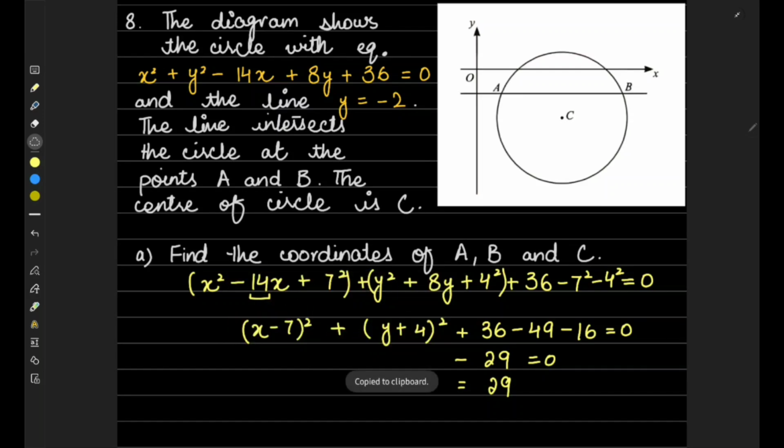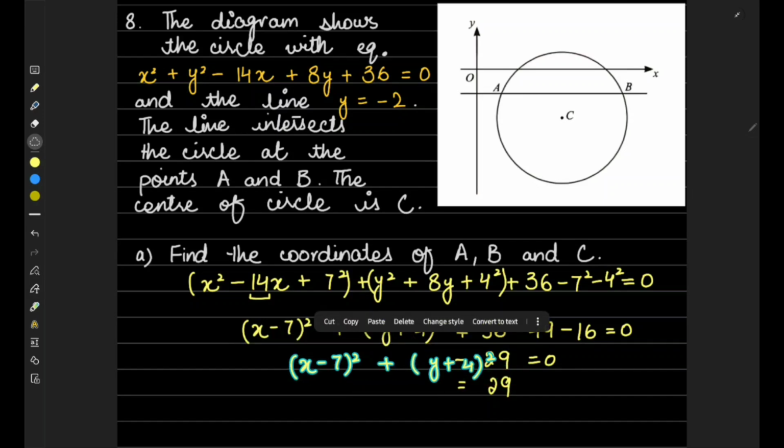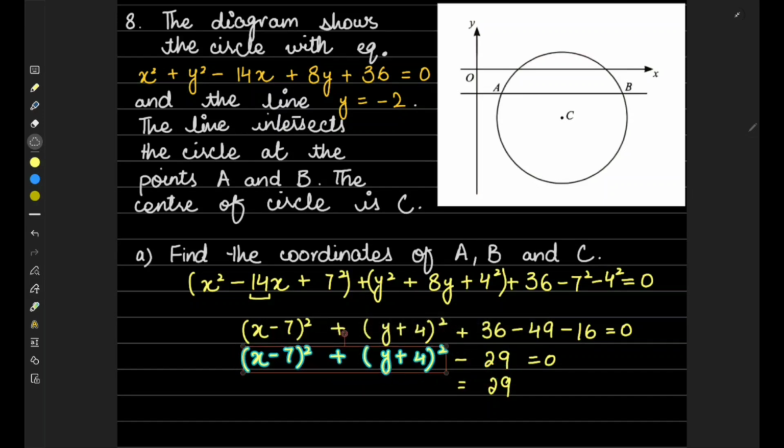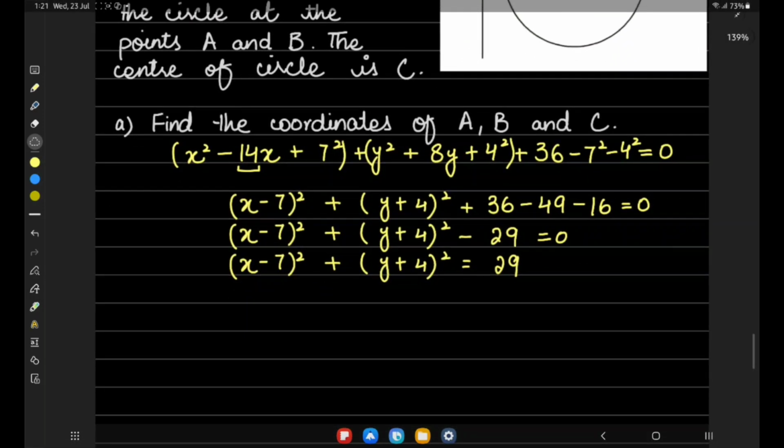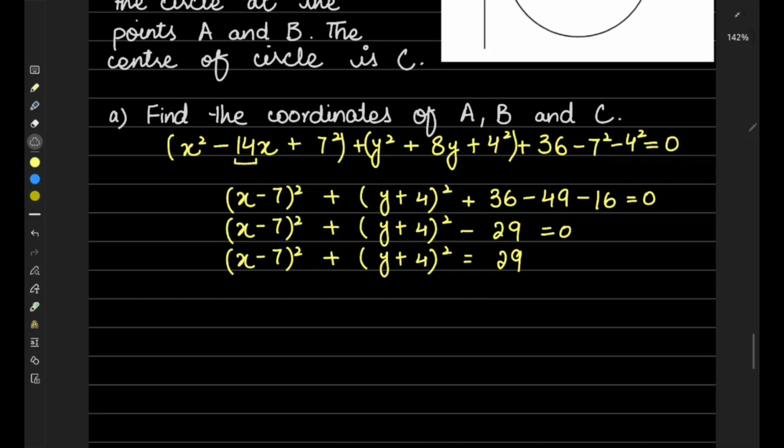As we know that x minus a whole square plus y minus b whole square equals r square, let's represent this in the form of r square. It will look like this: root 29 square.